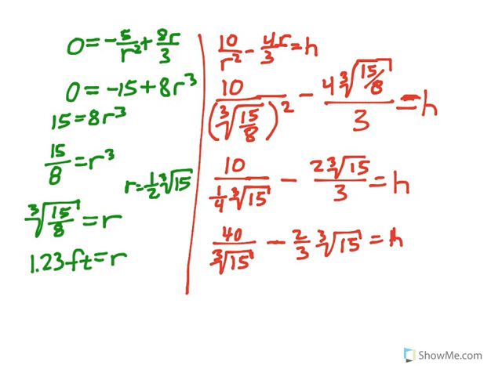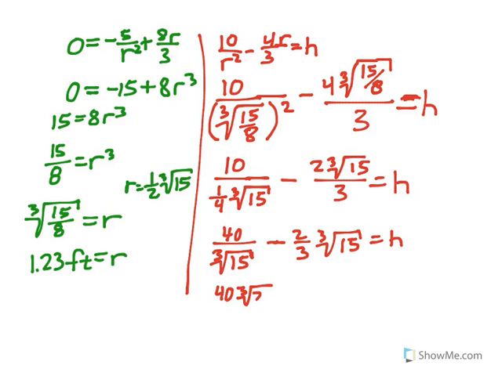And if we multiply the top and bottom of this first term by the cubic root of 15 squared, that will give us 40 times the cubic root of 15 squared, which is 225, I think.